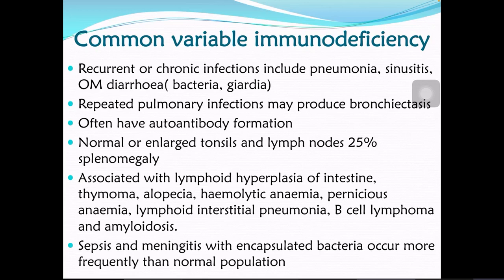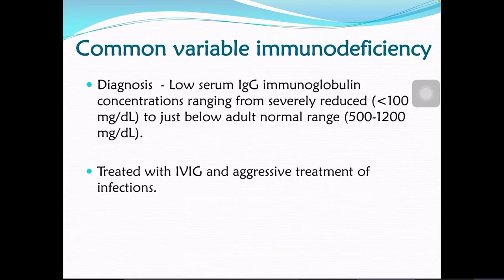Now, if they do get sepsis and meningitis with encapsulated bacteria, you would generally see it happening more frequently than in the normal population. So how do we diagnose CVID? You would tend to have low serum immunoglobulin levels, ranging from fairly low levels of less than 100, to just above the normal adult range.